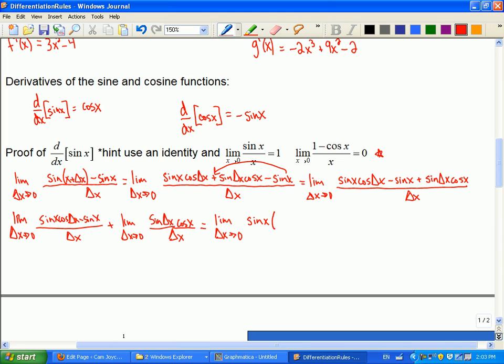Sine of x times 1 minus cosine delta. Oops, sorry, I'm missing that piece. My apologies. I'll factor that out.